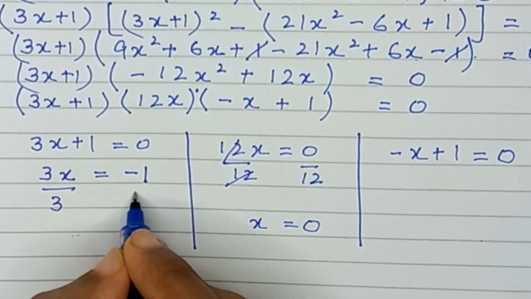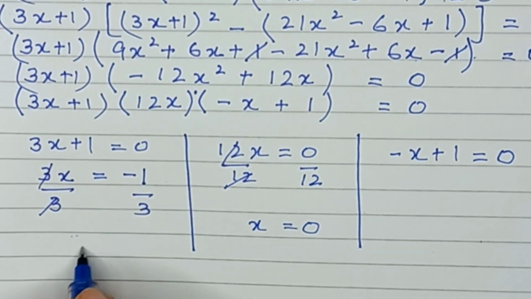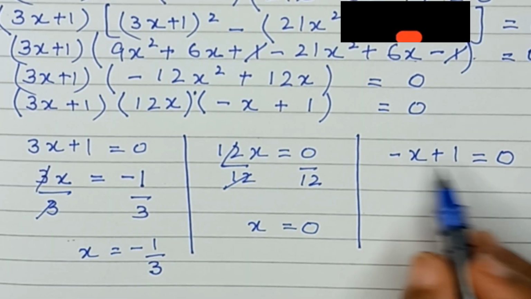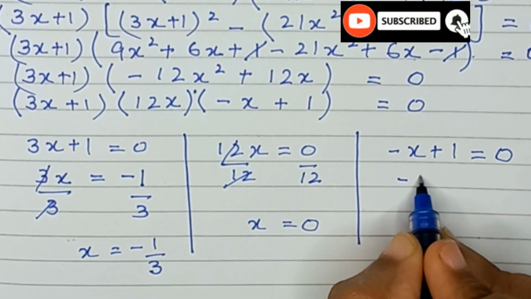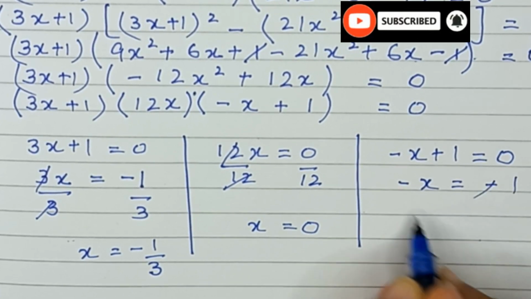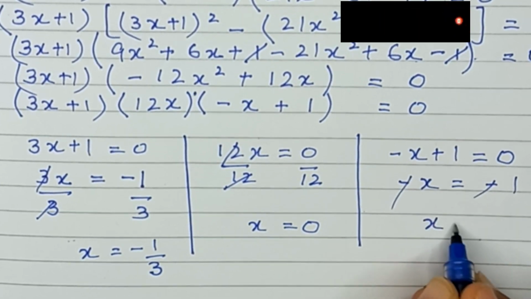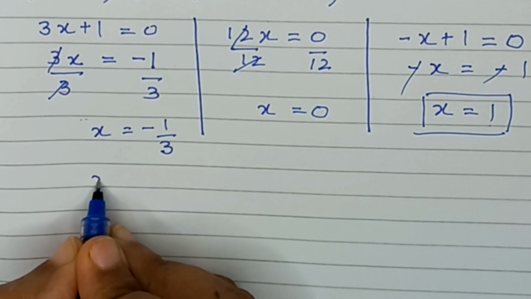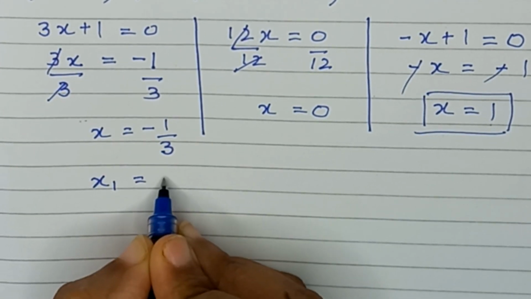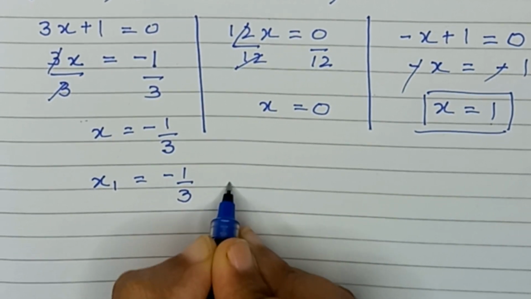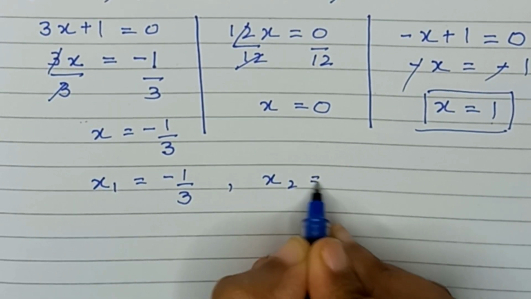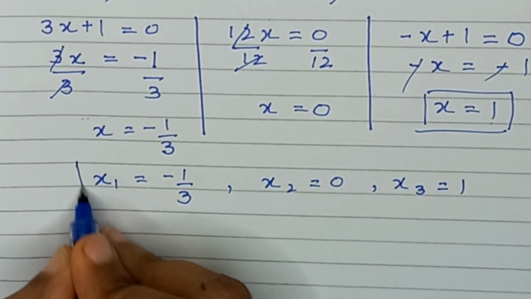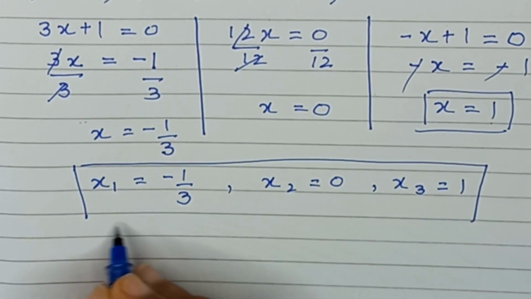Similarly, we will divide by 3 on both sides, so from here the value of x is equal to −1/3, and from here −x is equal to −1, negative and negative will be cancelled out, so x is equal to 1. So x1 is equal to −1/3, x2 is equal to 0, and x3 is equal to 1. So these are the three values of x.